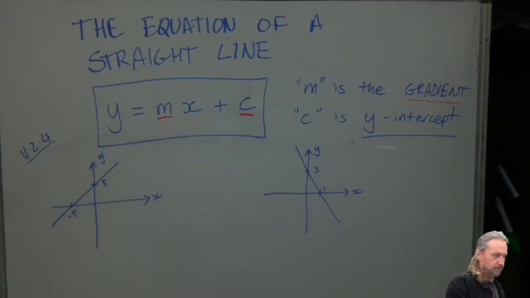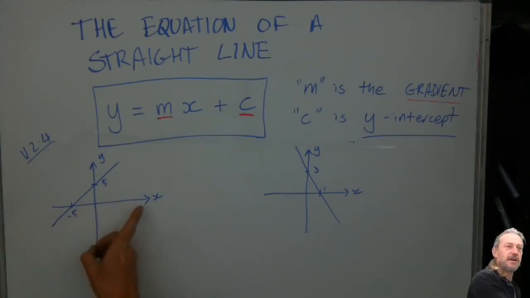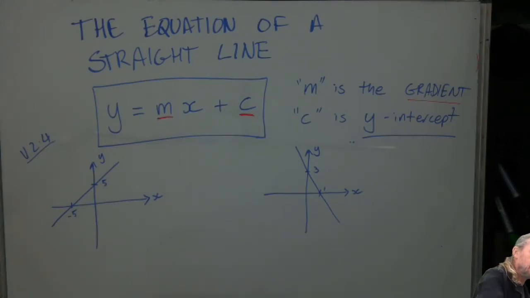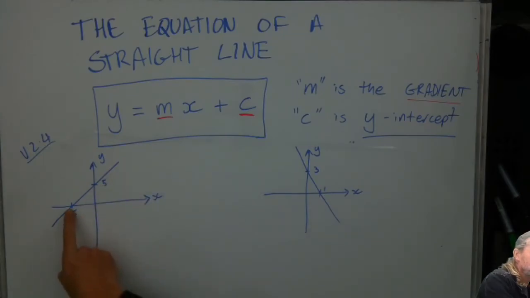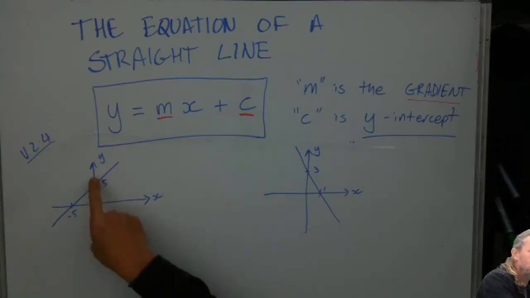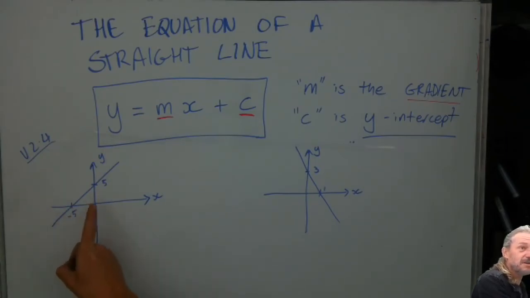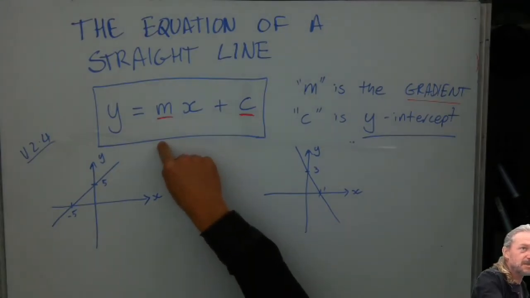Okay, so hopefully you can see that as we move in the positive x direction, this line is going up, so our gradient is positive. And because it goes up 5, it comes across 5 and up 5. So 5, don't get confused with this being negative. We're just going 5 positive steps this way in the positive direction, and 5 positive steps in that direction.